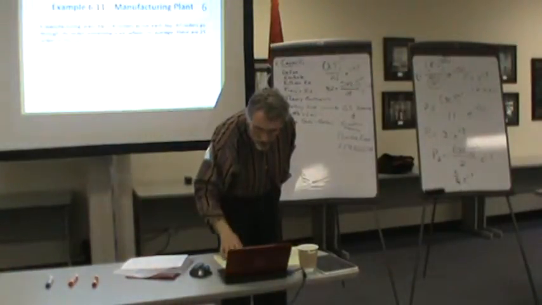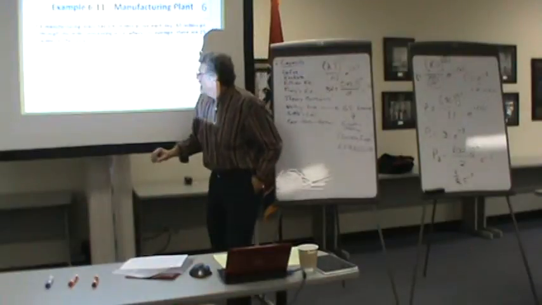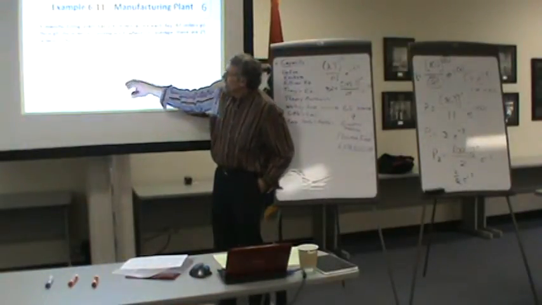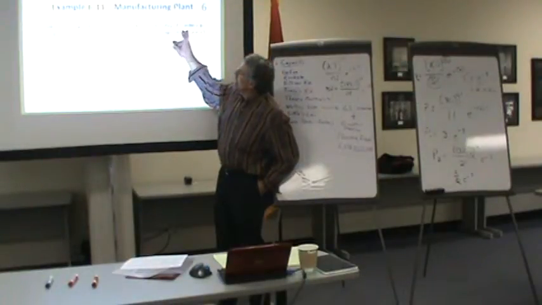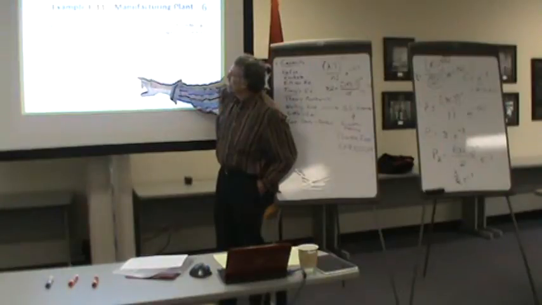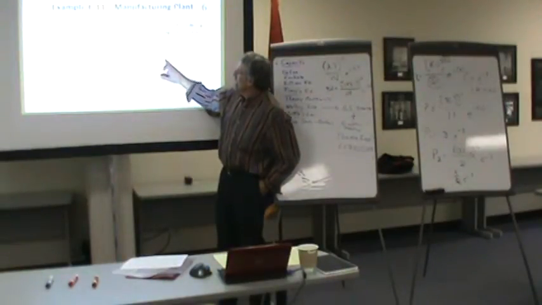But they use it in an example. They've got a manufacturing plant. You've got 100 a day coming in. On average 25 orders are in the system at any point in time. You go up to Work Center A, the inventory is 14 on average.